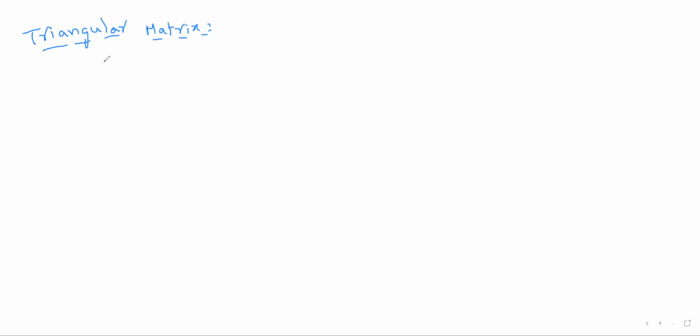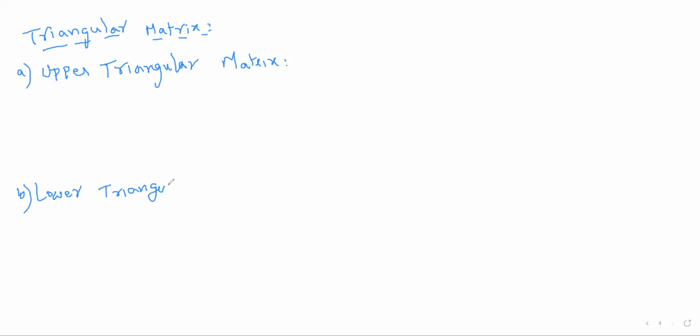In this we can have two matrices: first one, the upper triangular matrix, and the second one, the lower triangular matrix. What is the difference between these two? Let us observe.